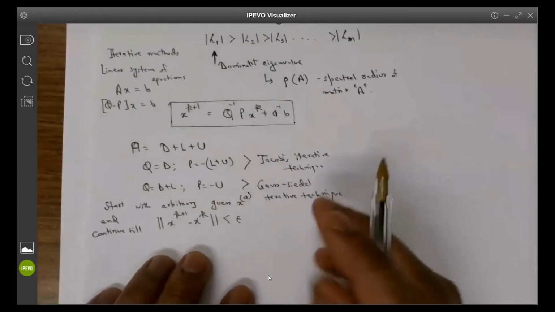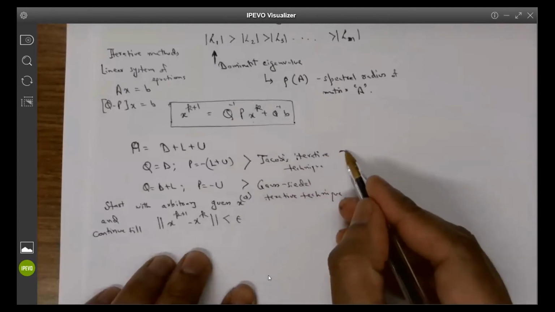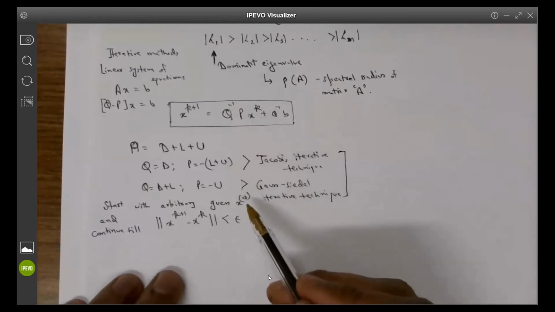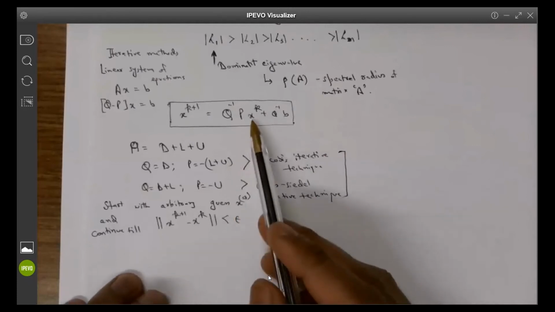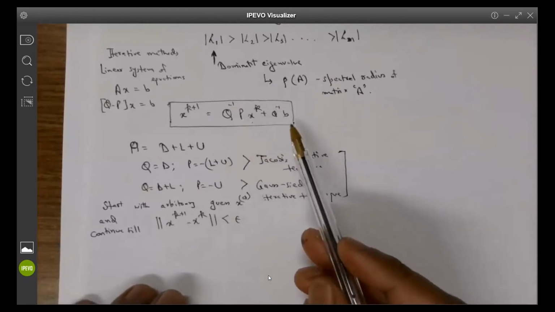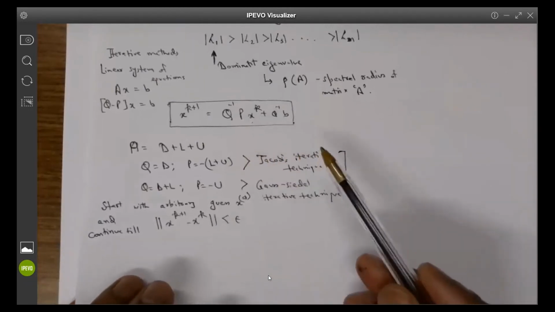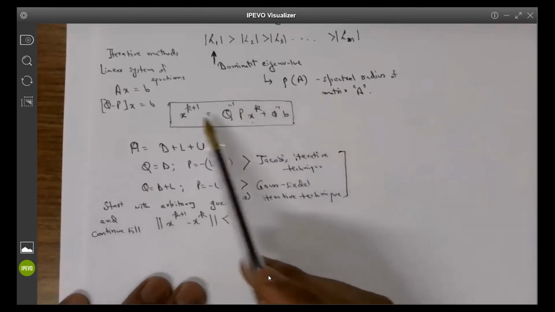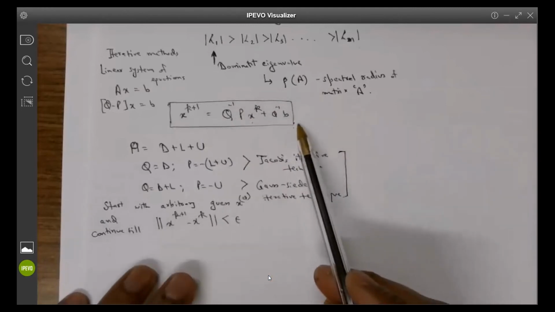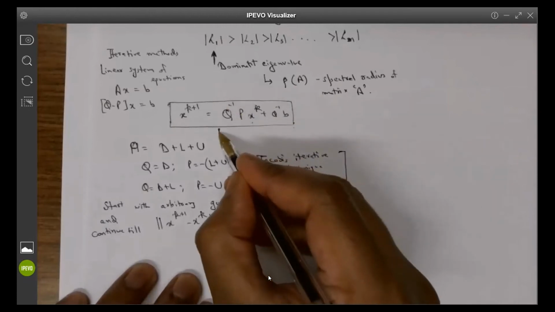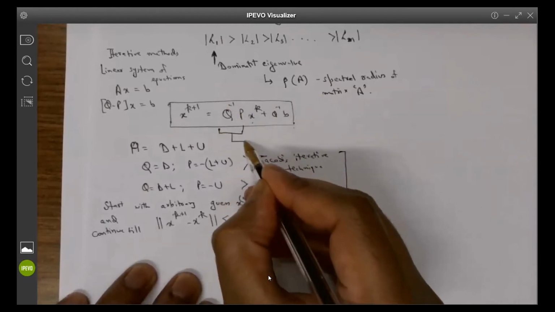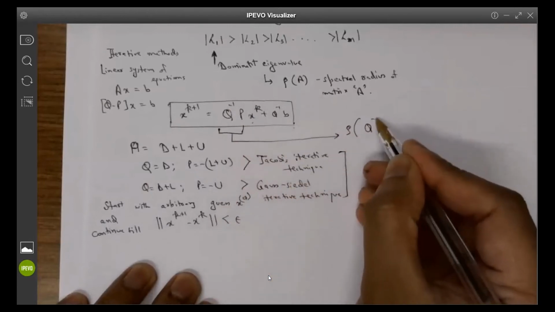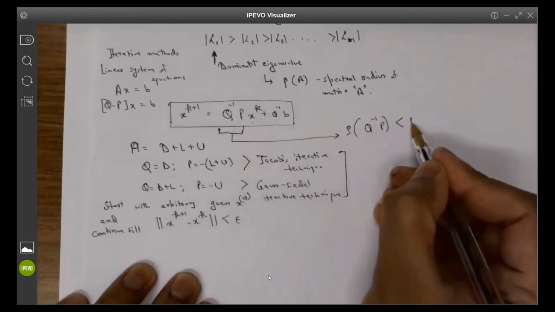Now, the bigger question for any iterative technique is, how can we guarantee that for any arbitrary x0 or starting point, this system of equations is going to converge? To answer that, there are mathematical proofs which tell us that for any iterative technique, this will converge if and only if the spectral radius of this matrix, rho of Q inverse P, is less than 1.